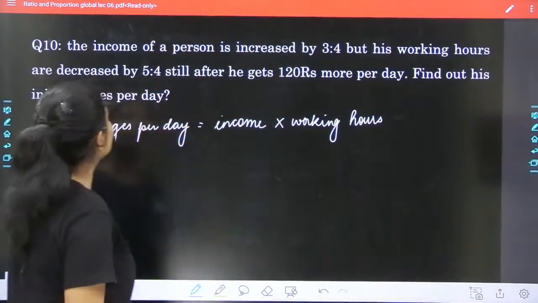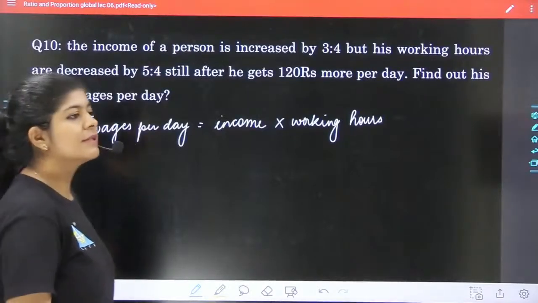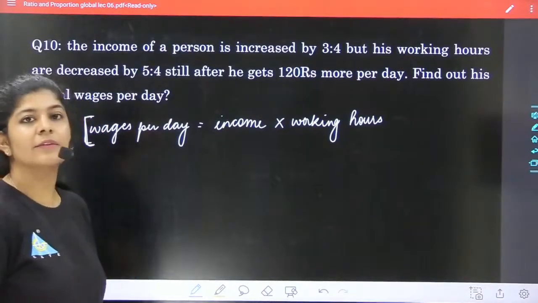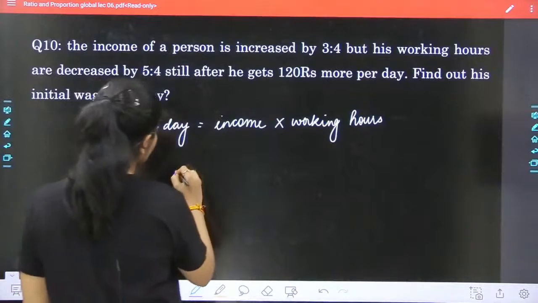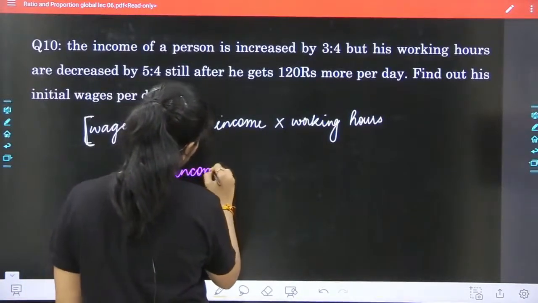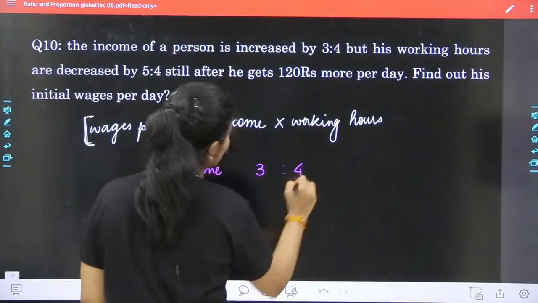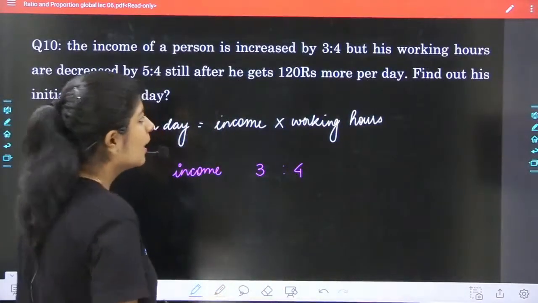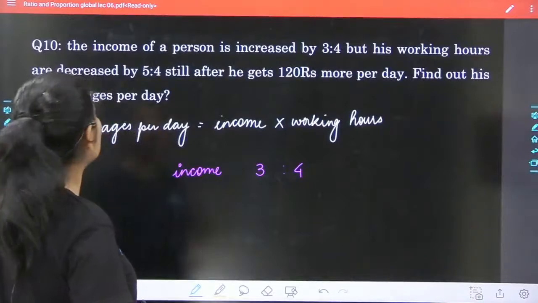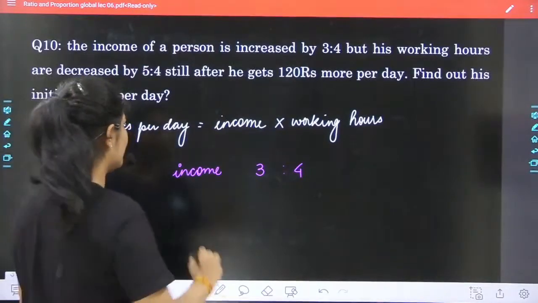It is given that the income of a person is increased by 3 ratio 4. So if I write down the ratio of income, initially he is earning 3 rupees, but now he is earning 4 rupees, right? But his working hours are decreased by 5 ratio 4.